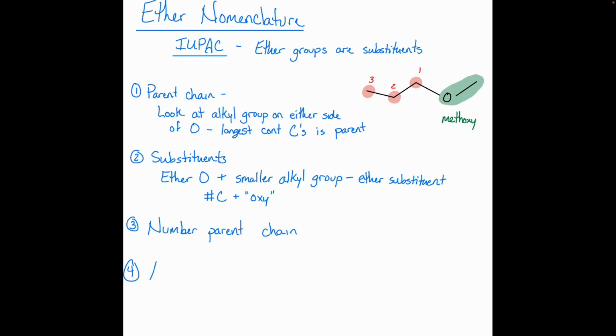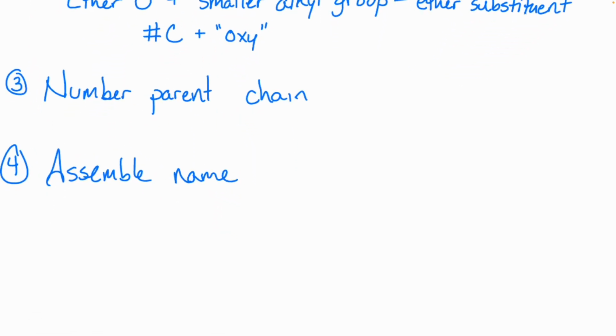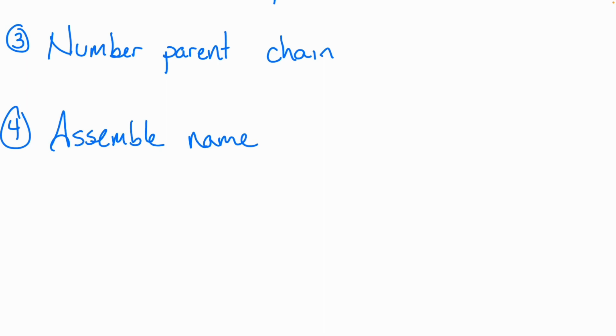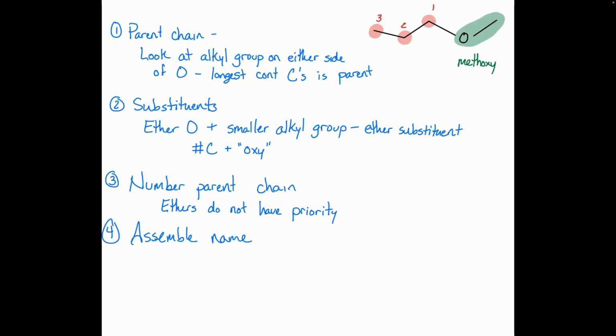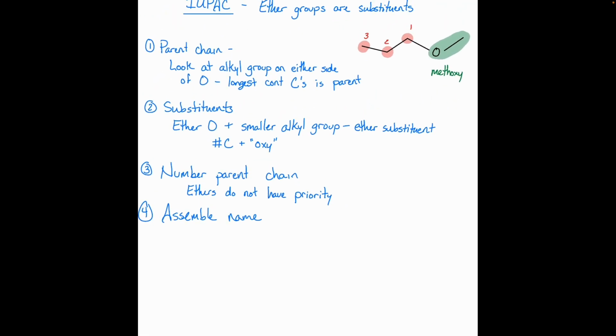All right, and then we're going to assemble the name, putting everything in alphabetical order. And under number parent chain, let's make sure to state explicitly here that ethers do not have priority. Like a methyl group or a fluoro group, you don't prioritize that particular substituent. You just make sure that your name has the lowest possible number.